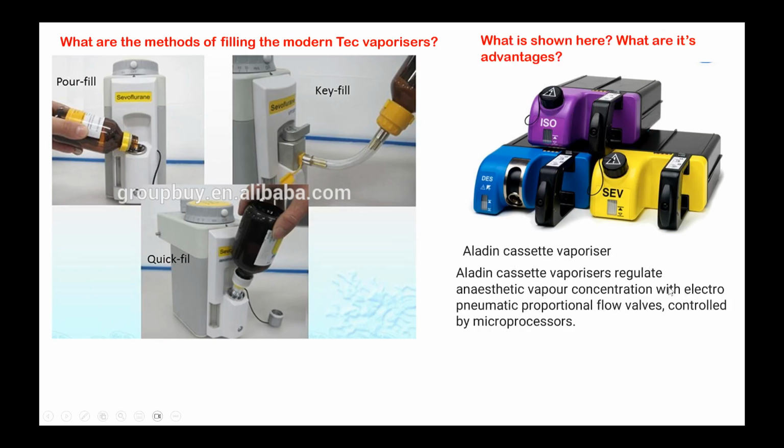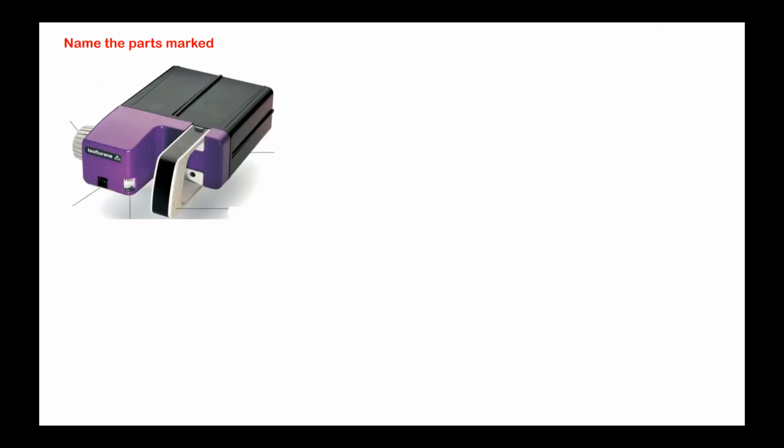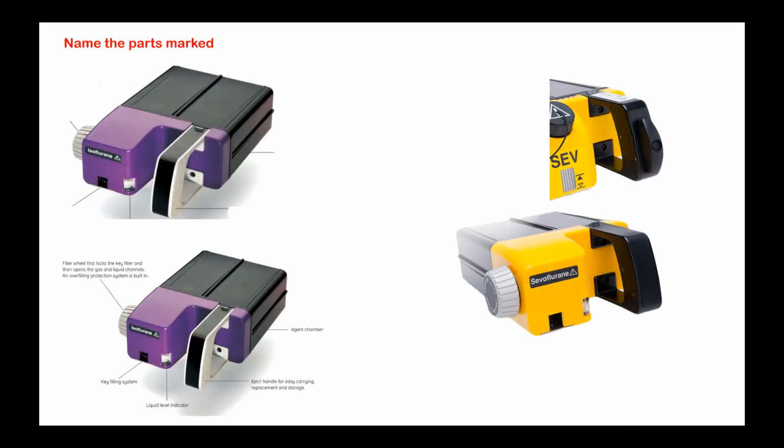This is the handle, and you have to insert it into the slot that will be there in the machine. This is the filling port. You remove the cap and fill, and you can see the level of the liquid in this sighting glass here. And then you just have to insert that, instead of fixing it like your back bar. And these are the various parts of that.